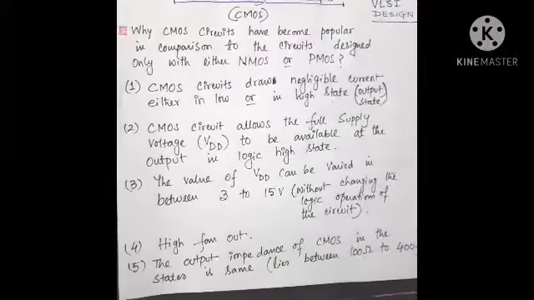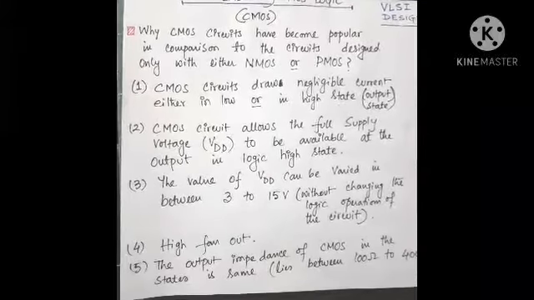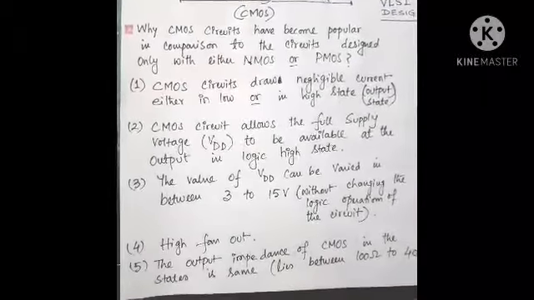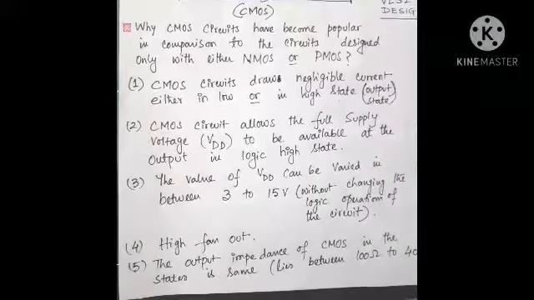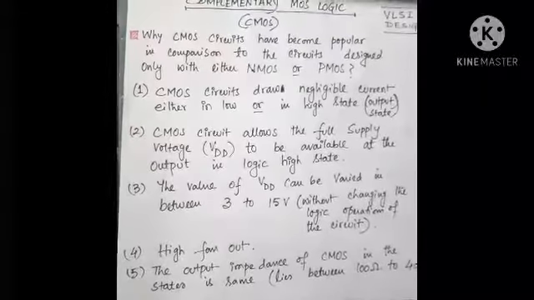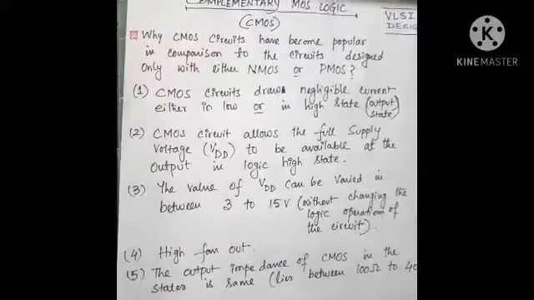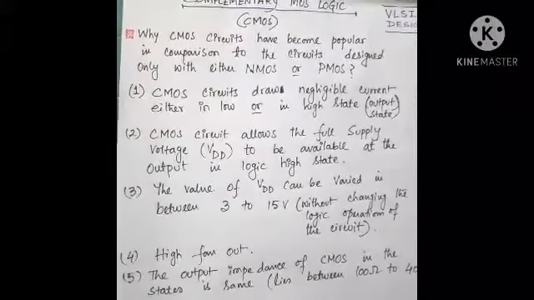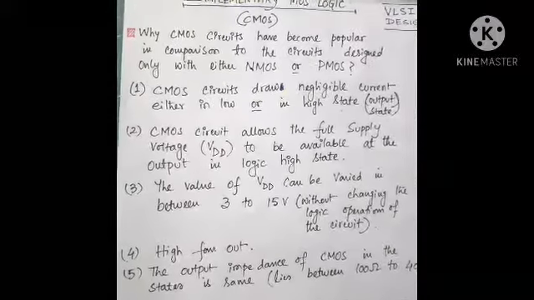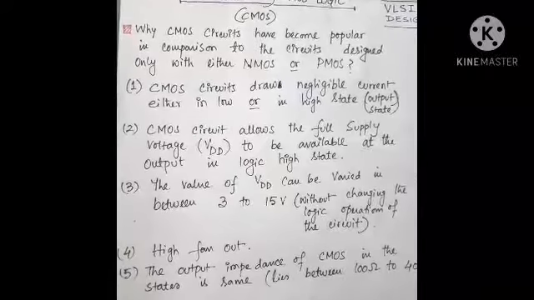The second point, CMOS circuit allows the full supply. If we are marking the supply as VDD, this voltage VDD is available at the output in logic high state. That is also a very important point.